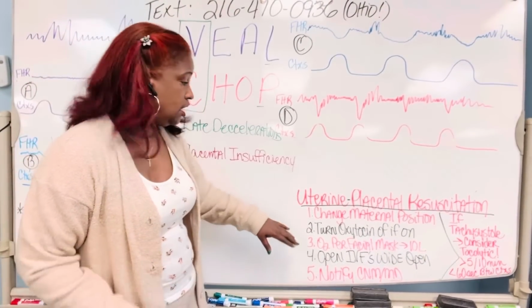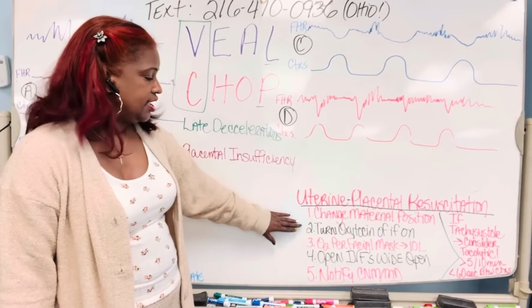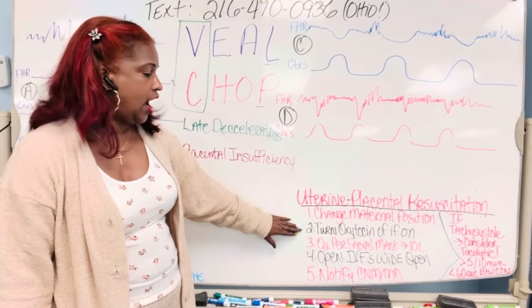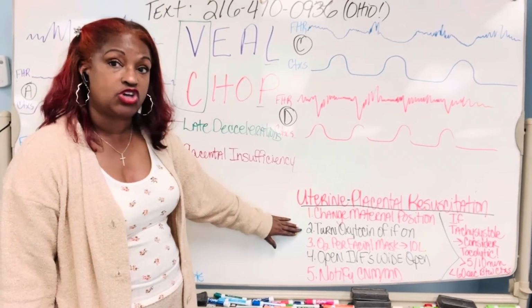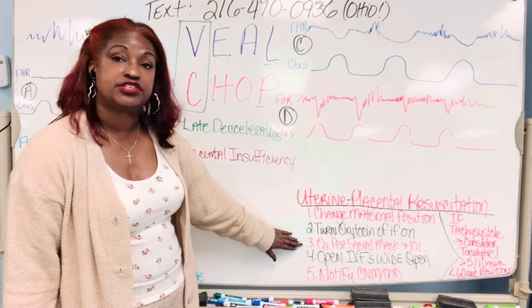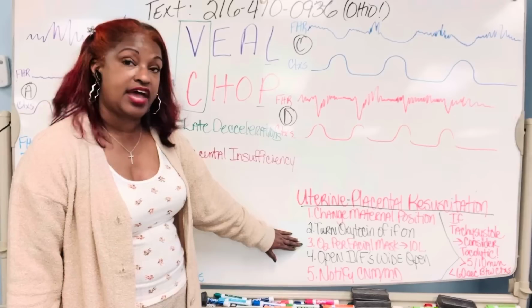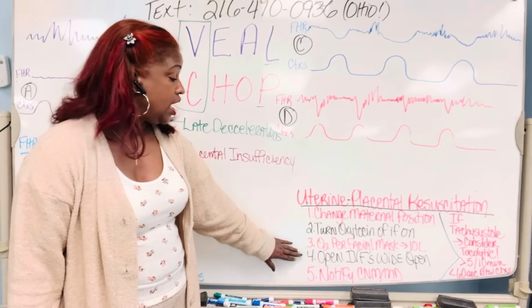And just in case you can't see it, I'm going to move that camera down. The first nursing action: change maternal position. Second is turn the oxytocin off if it's on. That'll just make matters worse. Third is give this patient some oxygen per facial mask at 10 liters.